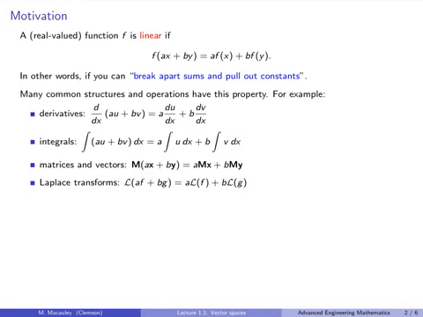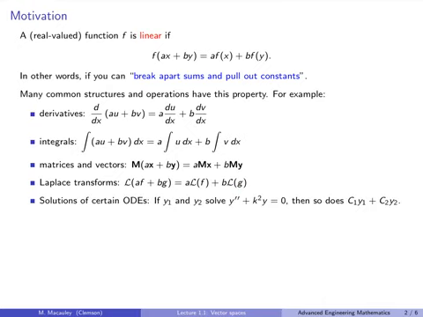Laplace transforms are linear. The Laplace transform of af plus bg, you may remember, you can just break apart into sums: a times Lf plus b times Lg. Solutions of certain differential equations have this linearity property.